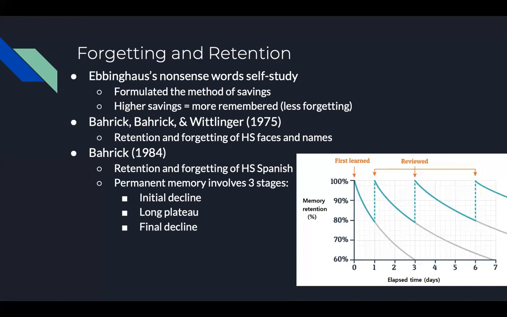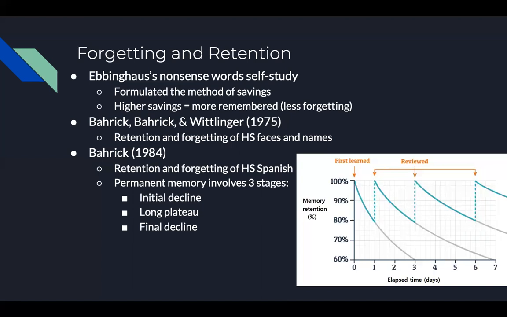So there's this initial decline, this initial drop off, then a long plateau where our memories still remain pretty stable for a certain event or facts, people, events. And then after a while, there's a final decline.